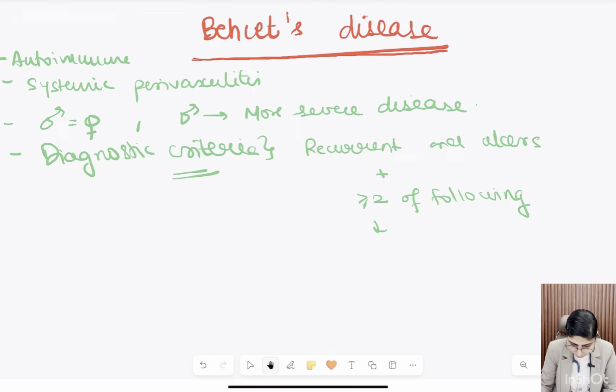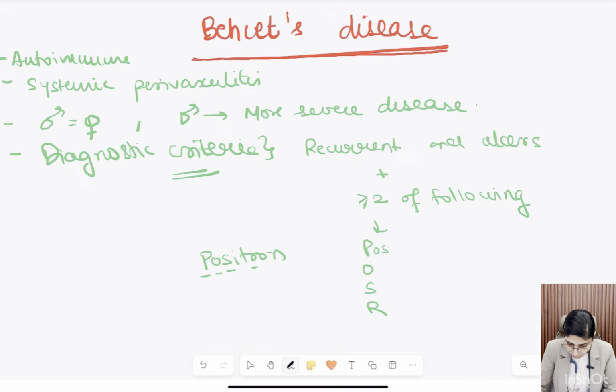What is the following? There is a mnemonic for this, and the mnemonic is POSR. You can remember it like positron.